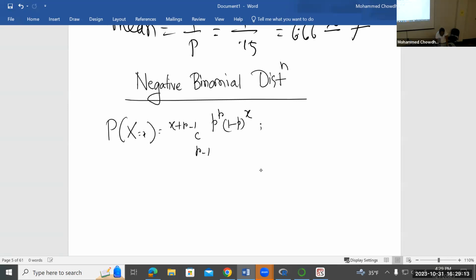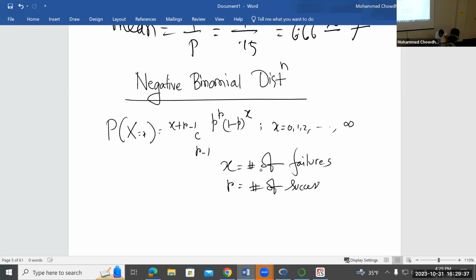Here x equals 0, 1, 2, up to infinity. x equals the number of failures, r equals the number of successes, and p equals the probability of success.